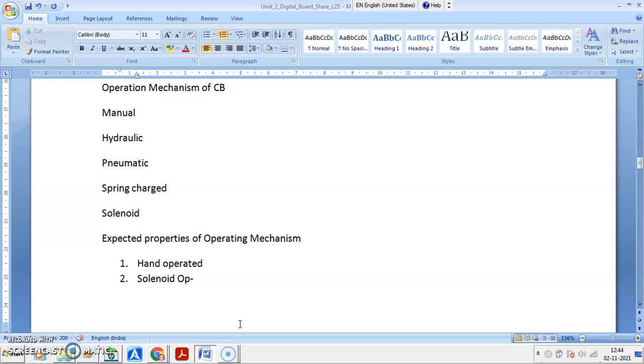So as far as cheap operation is concerned, you can consider the solenoid, but there are limitations. Heavy power demand or heavy power operation many times cannot be possible with solenoid. Speed of operation is also reduced in case of solenoid operation or in hand operation.